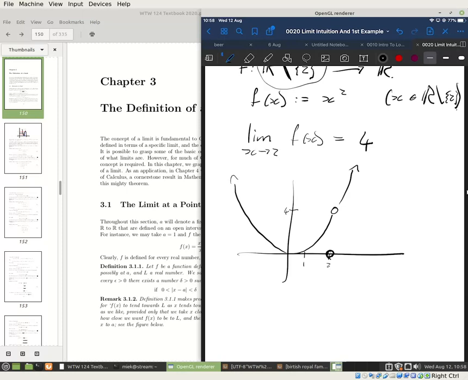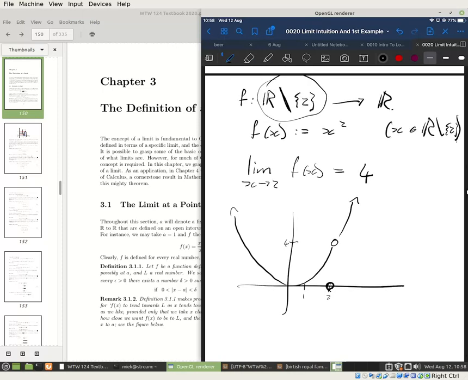Okay, and now previously limits will have been explained to you as saying that as we get closer and closer to 2, the function values get closer and closer to 4 over there.